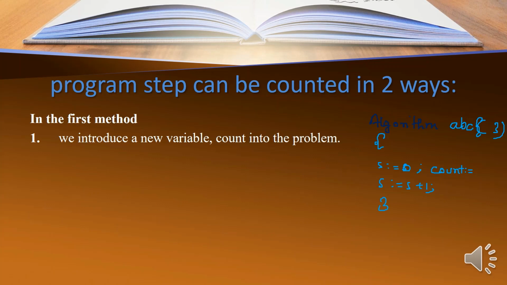Since it is just an assignment statement, let's increment the count by 1. The increment count here is 1, whereas here s equal to s plus 1, so again let's introduce count equal to count plus 1. So totally this algorithm will have a count of 2. So 2 times it is going to execute.